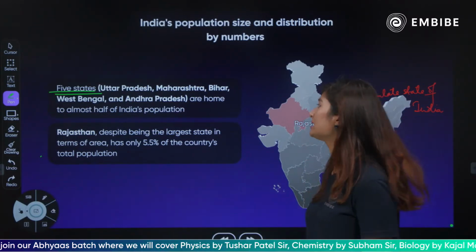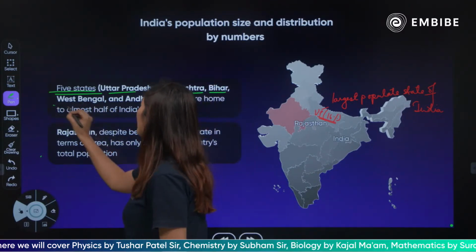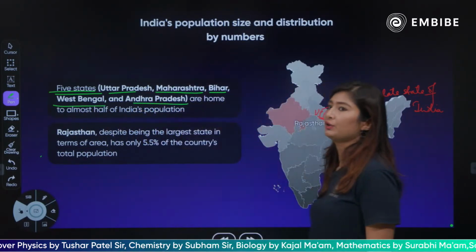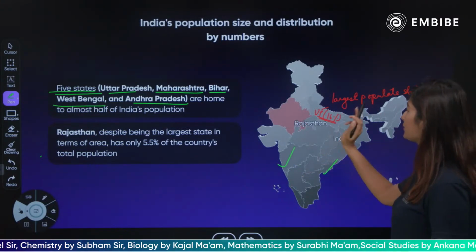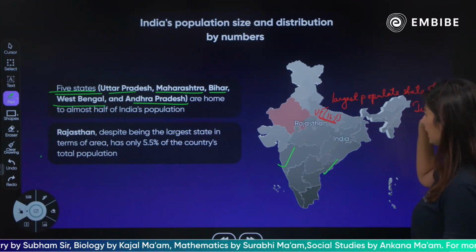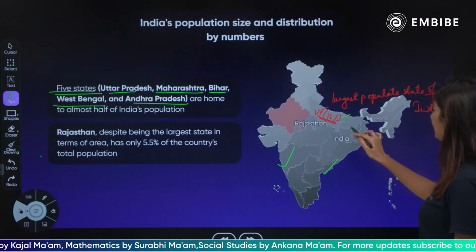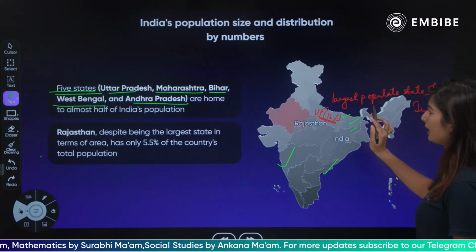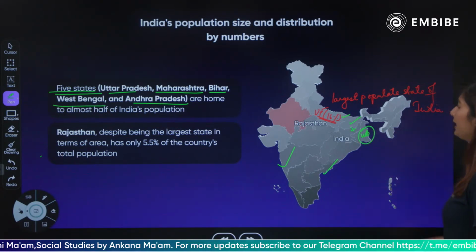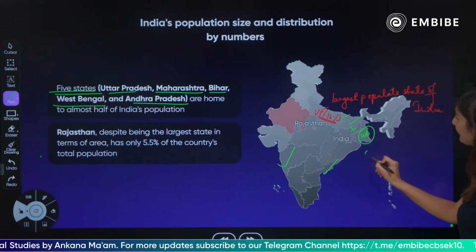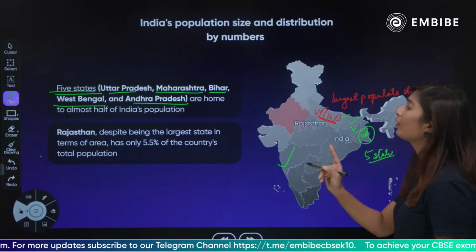What are these 5 states? यूपी, महाराष्ट्र, बिहार, वेस्ट बंगाल एंड आंध्र प्रदेश. है ना? तो हमारा आंध्र प्रदेश है, महाराष्ट्र है, यूपी है, बिहार, ये झारखंड गलती से कर दिया मैंने, ठीक है, बिहार है और हमारा वेस्ट बंगाल है. ये सारे स्टेट्स जो हैं, these 5 states are home to more than half of the population.